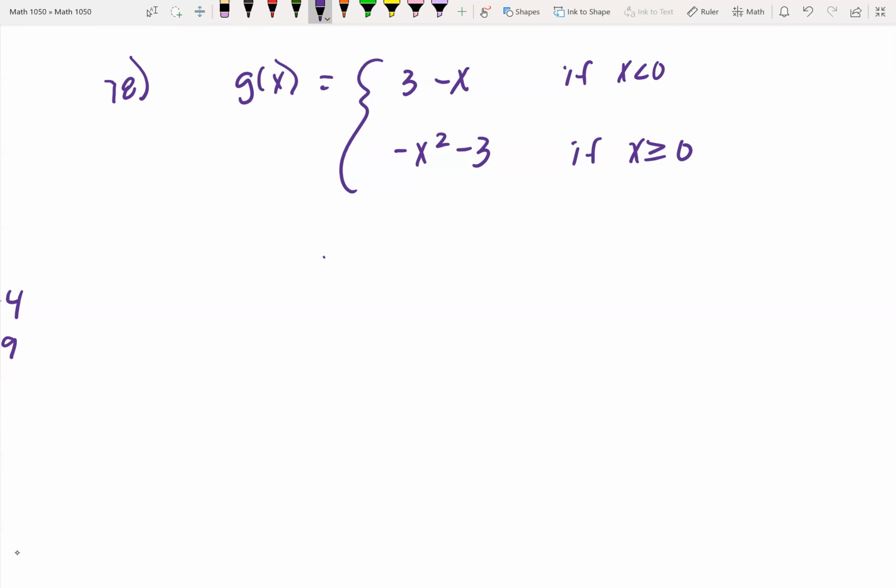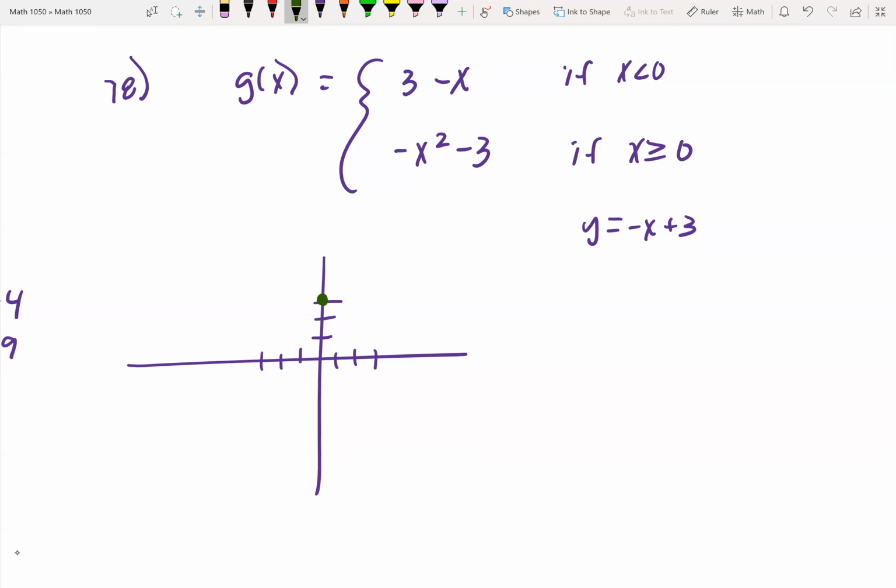Okay, so here's this. So you have y equals negative x plus 3. So I'm going to go up 3, make a dot. The slope is negative 1 over 1. So I'm going to go down 1, right 1, down 1, right 1, down 1, right 1. So the whole thing looks like that.